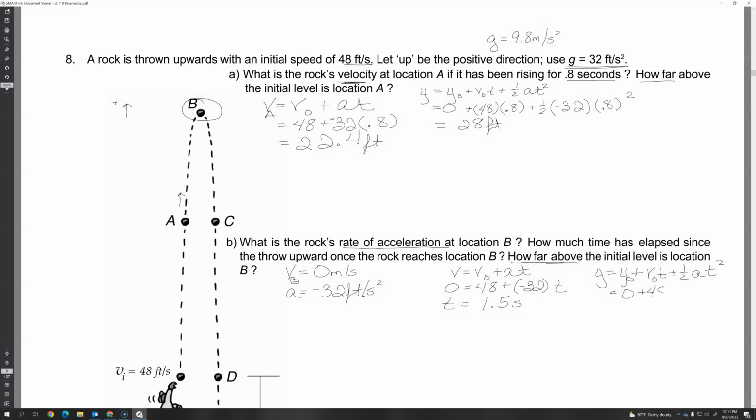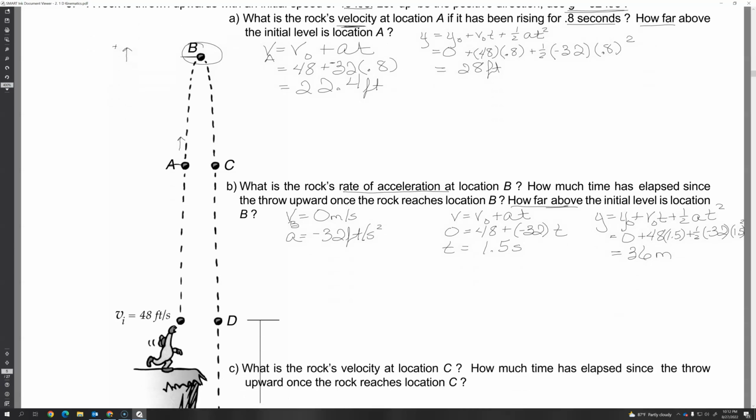We had 48 feet per second initially, that was 1.5 seconds, plus 1/2 times a negative 32 times 1.5 squared. And yes, that should have a square. It's kind of going off the side of the page there. If we throw that in our random number generator, we're going to get 36 meters. So here we were at 28, here we are at 36. You notice that gap is not equidistant.